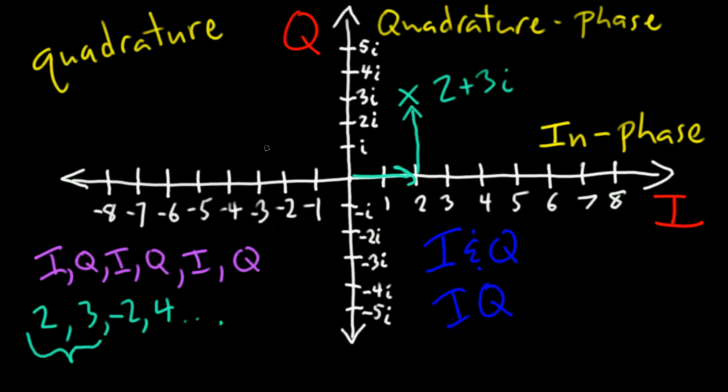And you could think of the next pair, I and Q, as being -2 plus 4i. It's just a different way to refer to something that can be thought of as complex numbers.